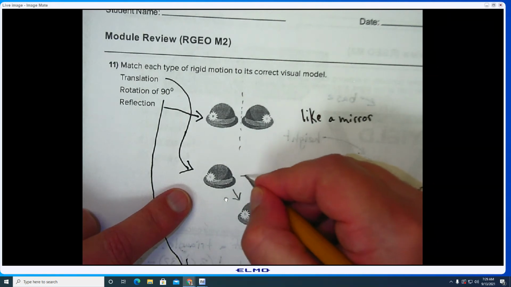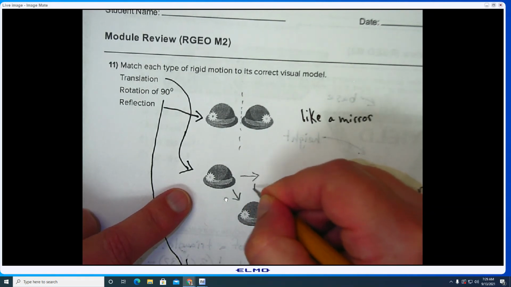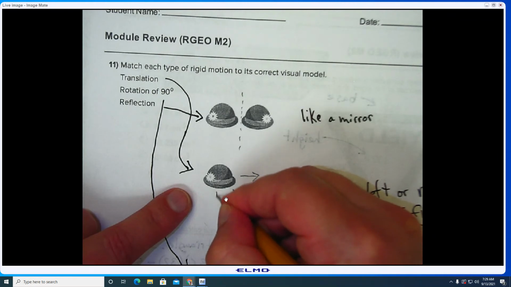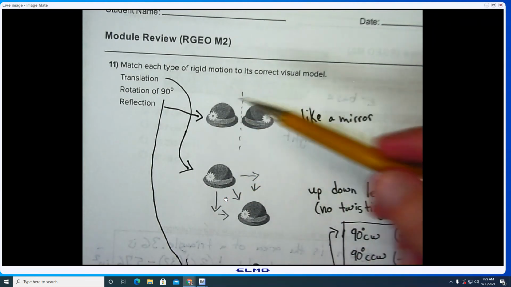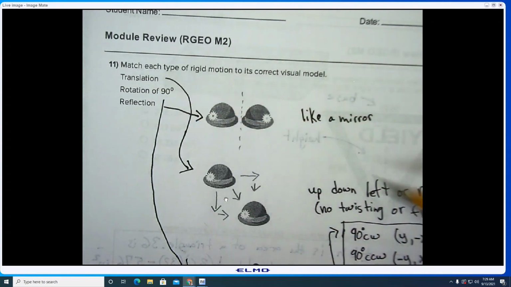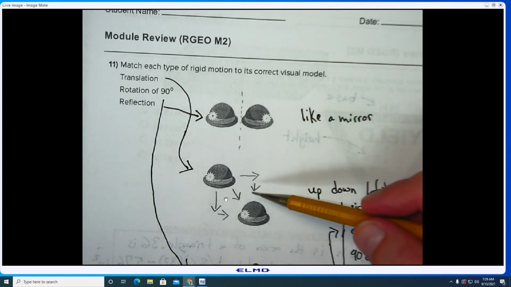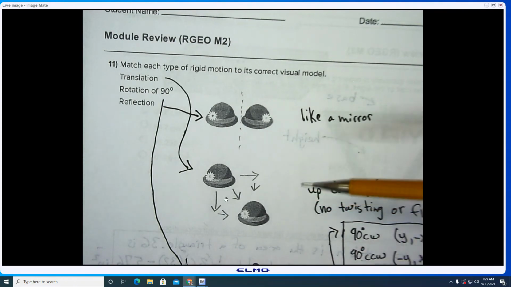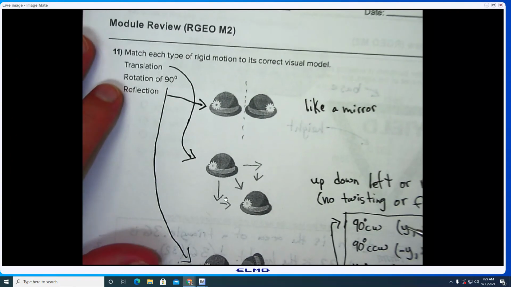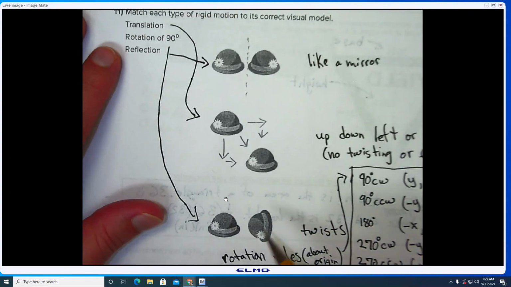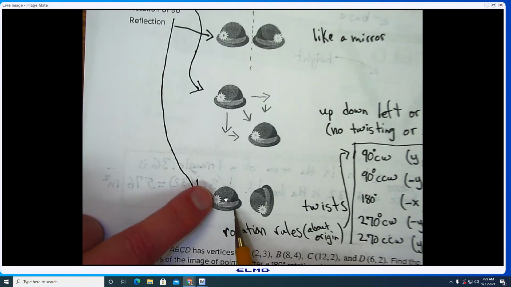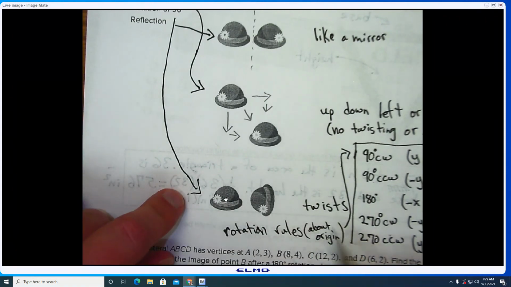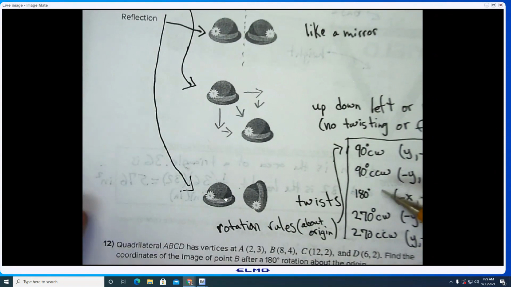You could have gone to the right and then down, or down and then to the right. That is a translation. It translates directly: up, down, left to right. And the last one is a rotation. Notice the hat got rotated, like it got twisted. It twists. And then I wrote down the rules for rotation.